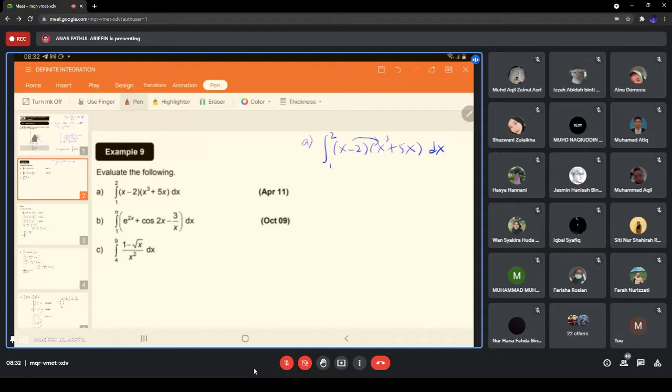When we expand, we get x power of 4 plus 5x square minus 2x cube minus 10x, dx. This one has brackets; we put brackets. No problem, not putting brackets is fine too.